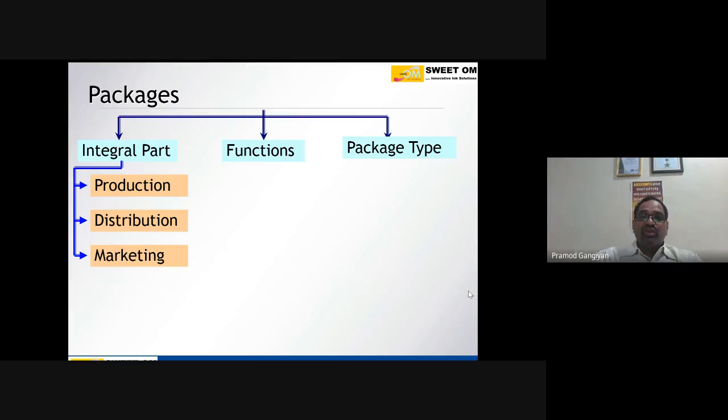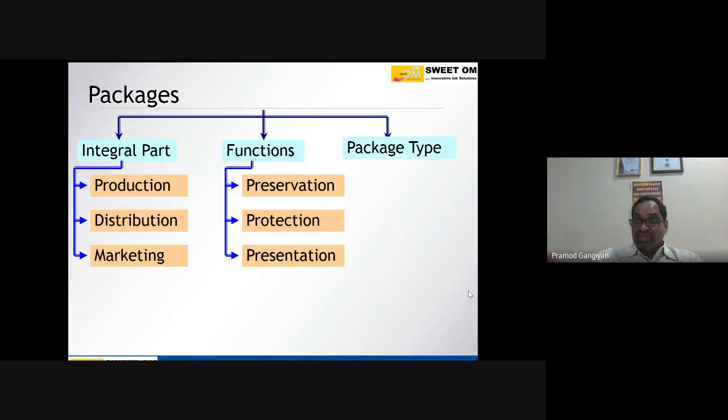That package has integral parts: production, distribution, and marketing. It has some function, like a car has some function, right? Any package, whether it is a Tata tea pouch, or a car, or a bearing pouch, or a milk pouch, it has its function. And then there is a package type. So integral parts are basically how to produce it. If you want to produce a car body, there are different production applications.